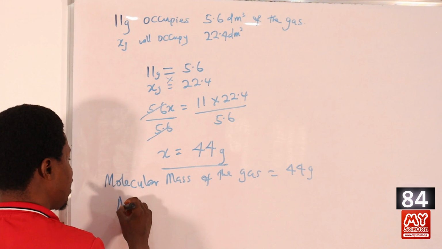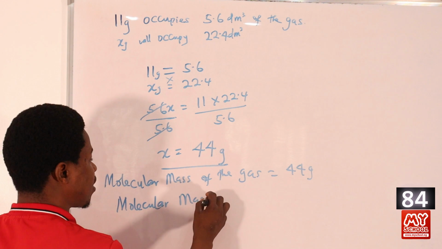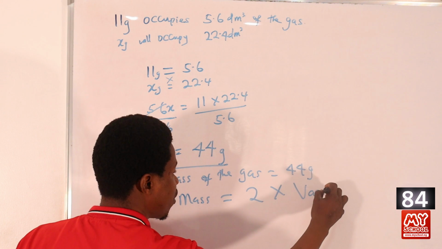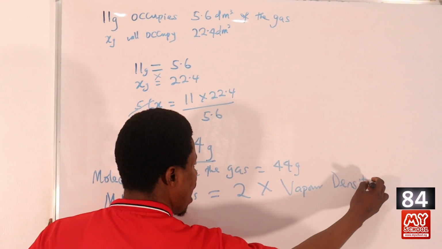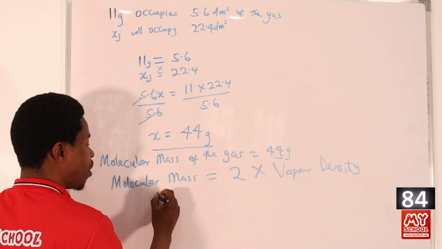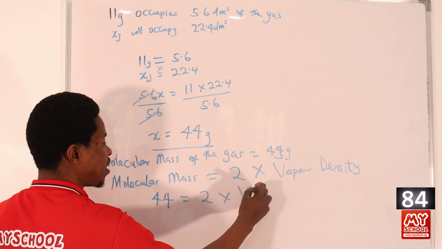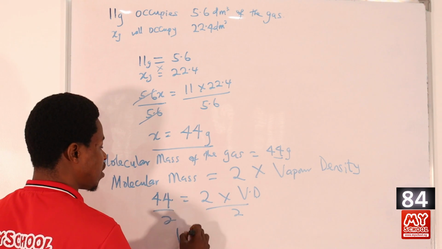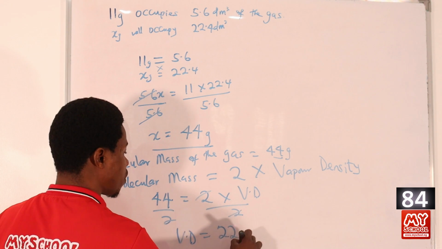So molecular mass is equal to 2 times vapor density. Molecular mass, already we had that to be 44. We substitute that here, equal to 2 times vapor density, which means we're dividing both sides by 2. Vapor density will be equal to 44 over 2. That should be 22.